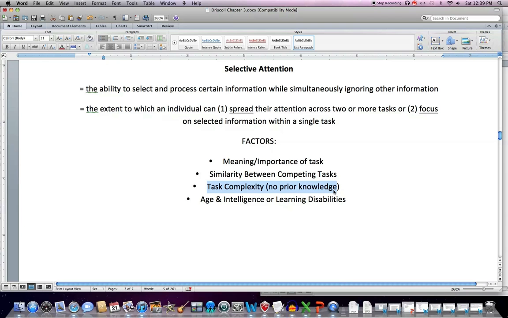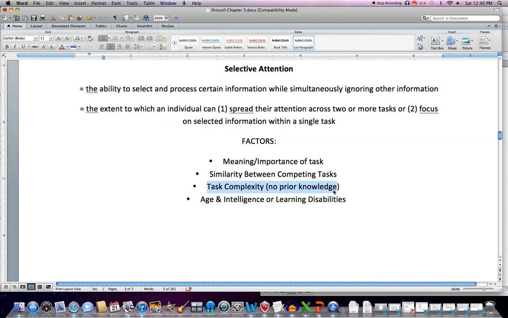Another factor is task complexity. If it's something simple, then you can usually do that thing and then something else. But if it's something that's a bit more complex, and if you're listening to your friend tell you about what they did last Saturday night, that's a little different than listening to an Ed Psych lecture. An Ed Psych lecture, you have to pay more attention.